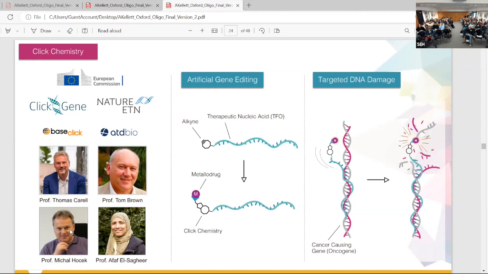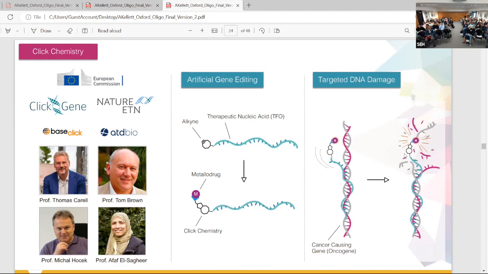And one of the goals in the network was to develop new artificial gene editing technologies. So this involves taking a therapeutic nucleic acid, performing click chemistry, and then with the idea of performing targeted DNA damage, which results in fragments that are less easily repaired.